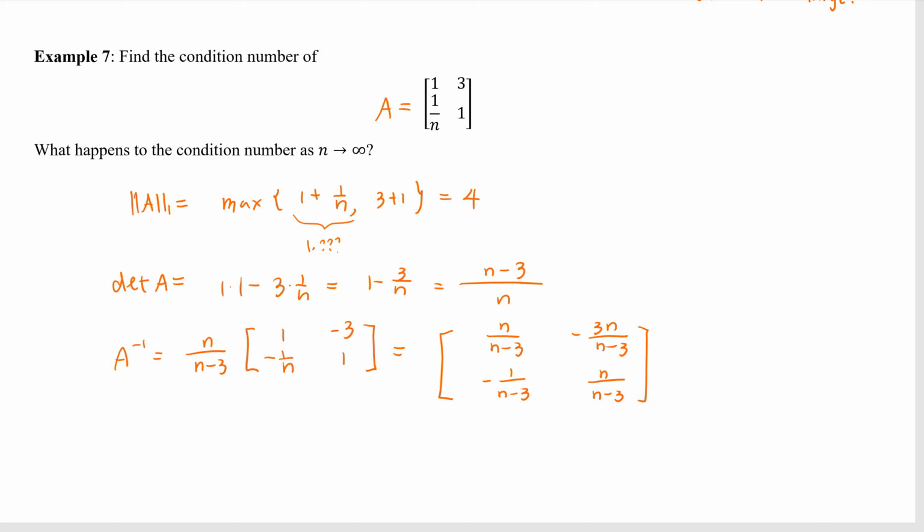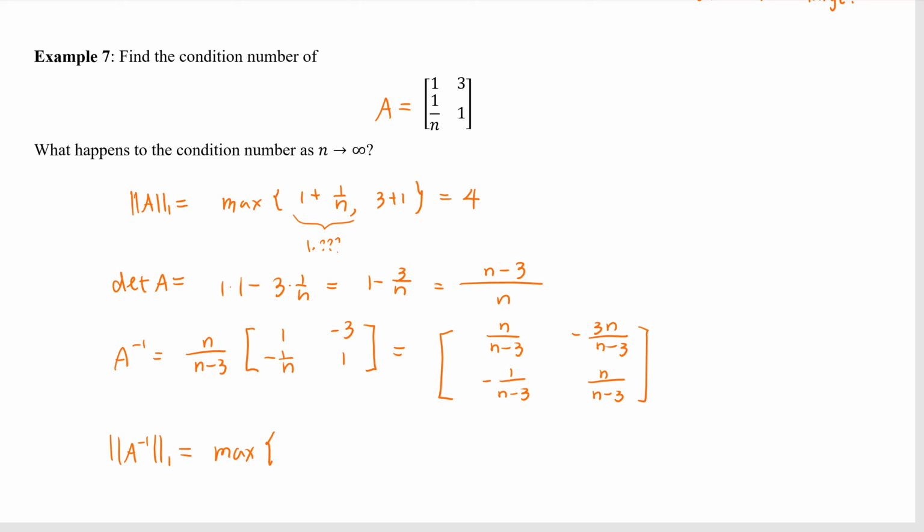So far, so good, everybody? Okay, let's compute the L1 norm. Because we're working with this variable n instead of a number, you have to be very, very careful, especially when you want to determine which number is larger. Maximum of column sum.